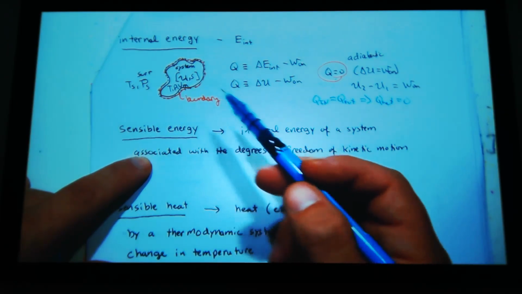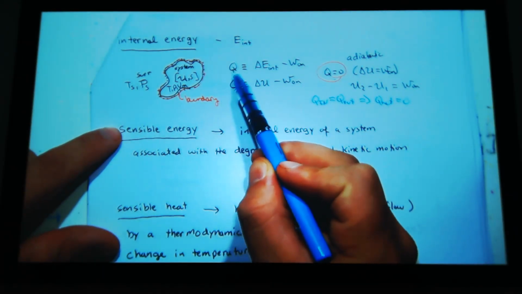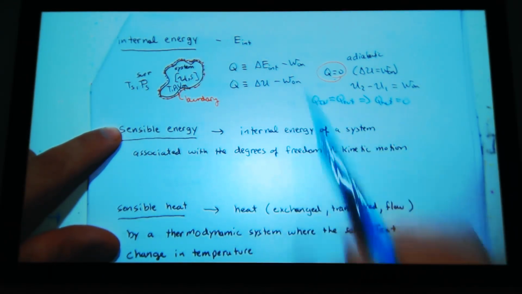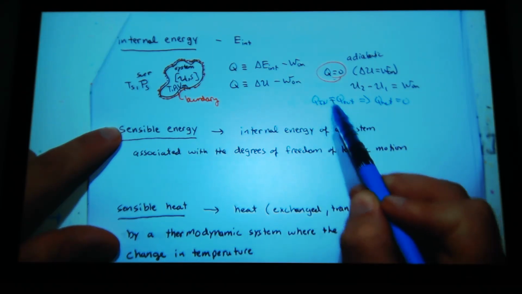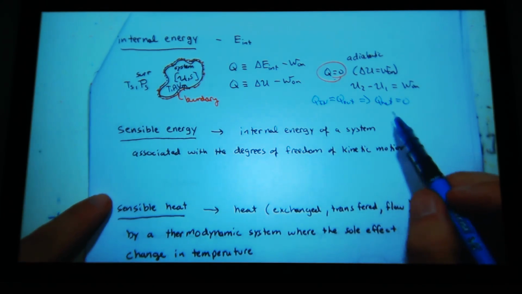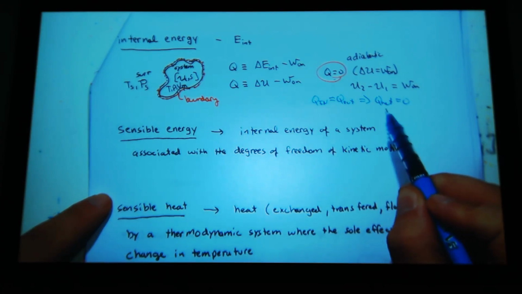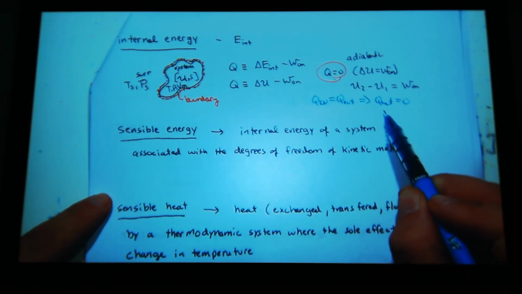But in general, I can write it more explicitly, in a broader context: Q in minus Q out is equal to the change in internal energy minus the work on the system. And if I have adiabatic conditions, that means that Q in has to be balanced by Q out. So with adiabatic conditions, you can have heat transfer, but it has to be an equal balance. The total amount of heat in has to be exactly balanced by the total amount of heat out. So the net heat transfer across the boundary, from my system to my surroundings or from my surroundings to my system, has to be 0.